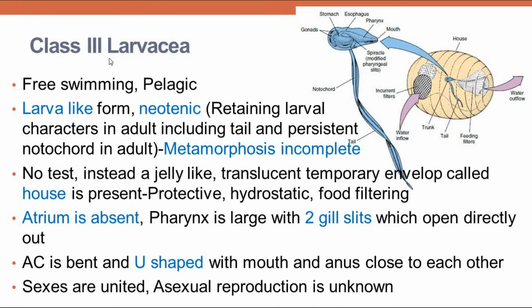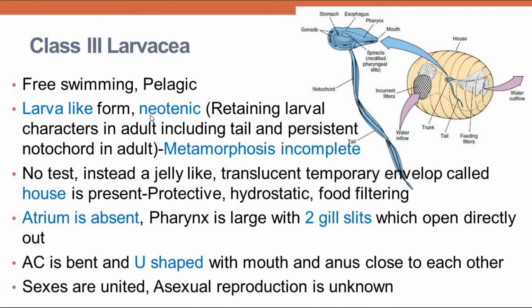Next is class 3, Larvaceae. They are also free swimming and pelagic. Pelagic means they are seen almost towards the upper surface of the water. Their body is larva-like. They are called Larvaceae because their body is like a larva. And they are neotenic. Why are they called neotenic?